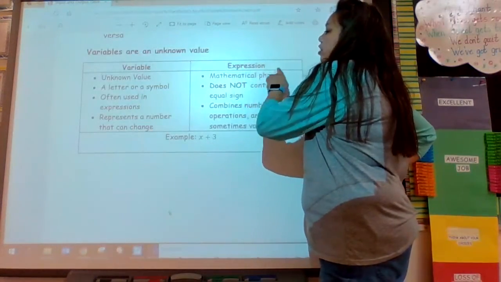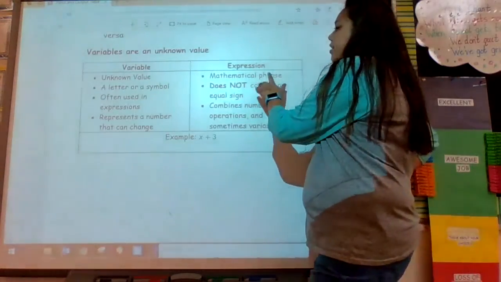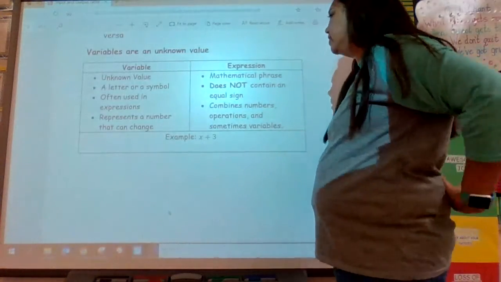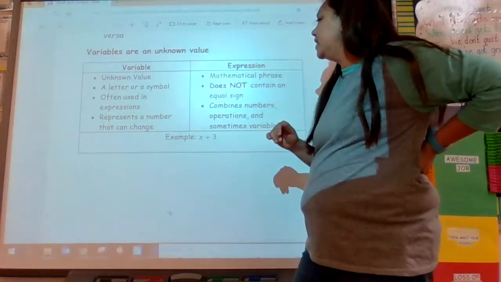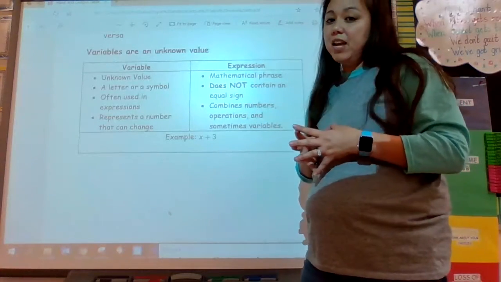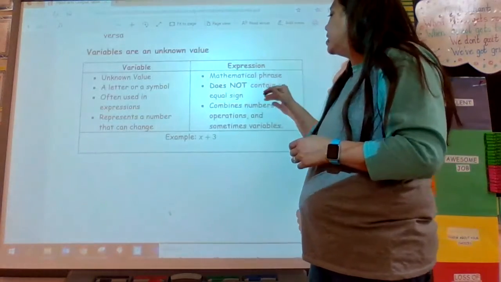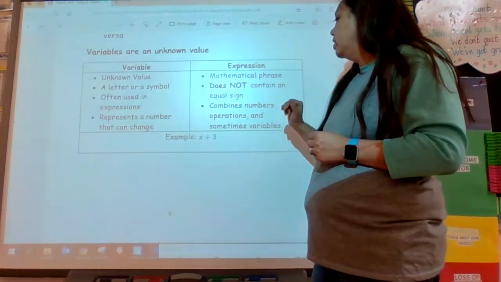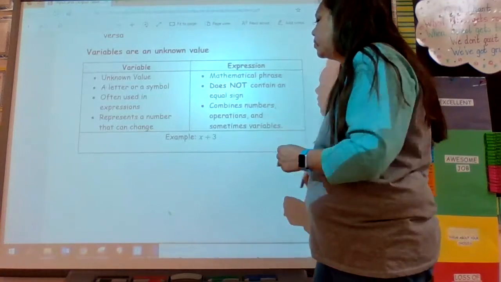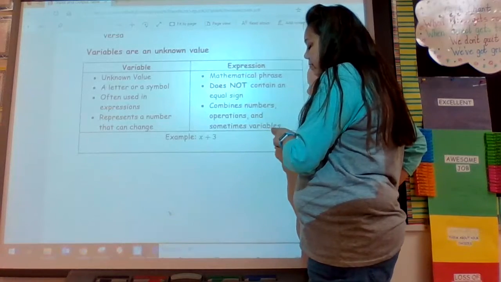You also just heard me talk about an expression. An expression is what we call a mathematical phrase or a math sentence. It does not contain an equal sign. That's key. An equation is the same thing, it just has an equal sign and it says what it's equal to. But expressions do not. It combines numbers and operations and sometimes variables. So we're putting together numbers, operations, and sometimes variables.